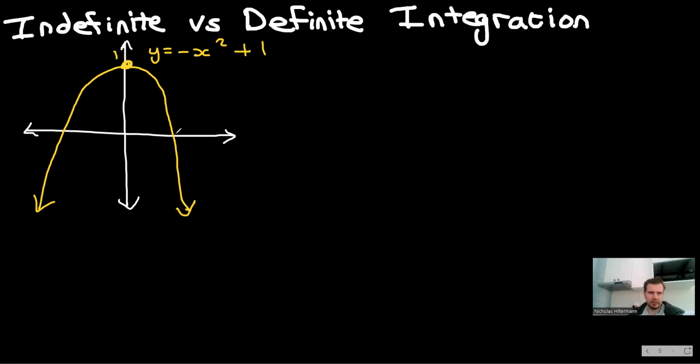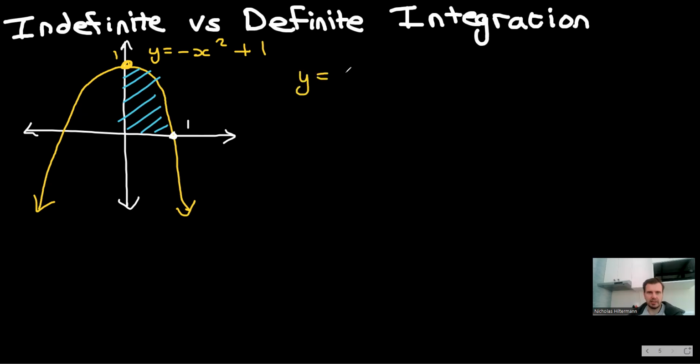So this would be 1 here, and it's a sad face. Now, if we were to find the area here, we know this value here is 1. We don't have triangles, so it's much harder. We couldn't actually do it intuitively very easily, but using the integral, we can.